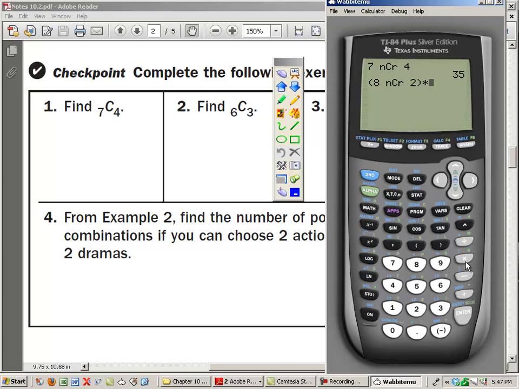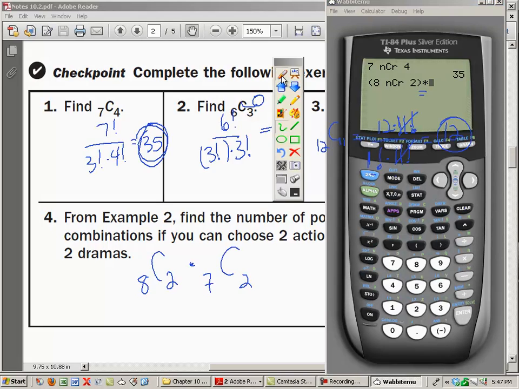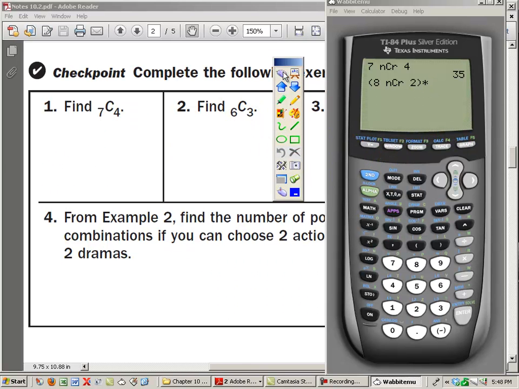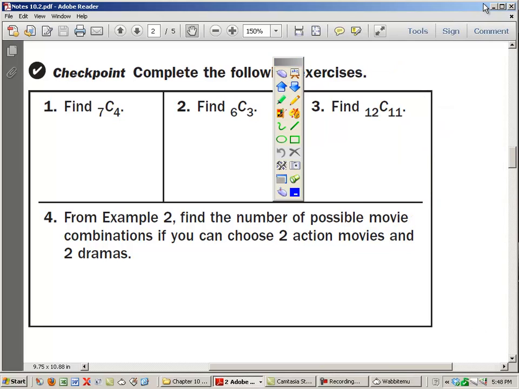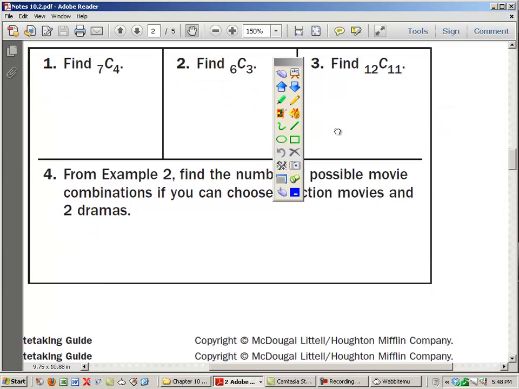And I'm going to multiply that by 7 choose 2. Parenthesis, 7, math, probability, option 2. And again, I'm choosing 2 action and 2 dramas. So it's 8 choose 2, 7 choose 2, take their product. And altogether you end up with 588 different combinations. All right? So that's how you're going to use your graphing calculator to do combinations. All right? Next page.